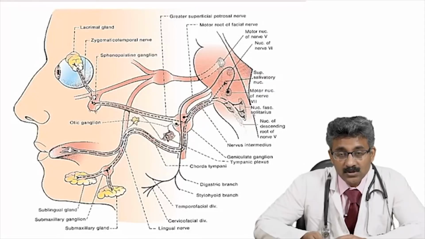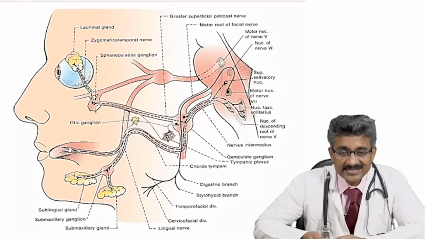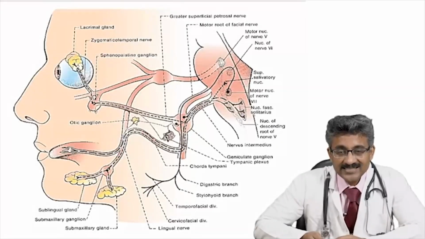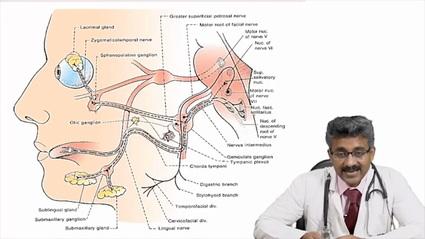Ramsay syndrome can sometimes be associated with eighth nerve involvement. As homework for my students: what other entities in the CNS are given the name Ramsay syndrome? This is not the only Ramsay syndrome, so just for your curiosity, go and check what other diseases are named Ramsay syndrome in the CNS.